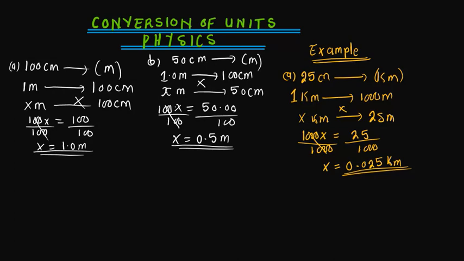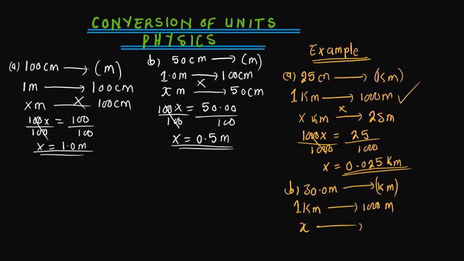Okay, the same also. If you have 30 meters, you want to convert it into kilometers. It's that simple. All you have to do is to use the same conversion factor. So we say 1 kilometer is equivalent to 1,000 meters. Then x is equivalent to 30. Cross multiply, we're going to have 1000x equivalent to 30.